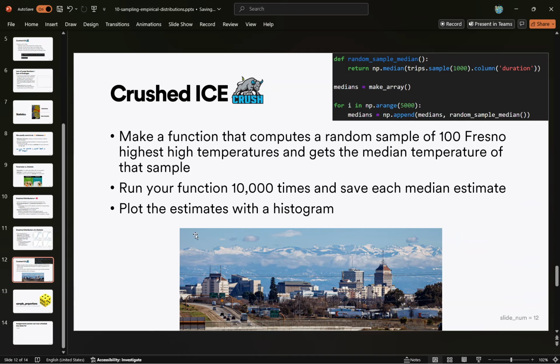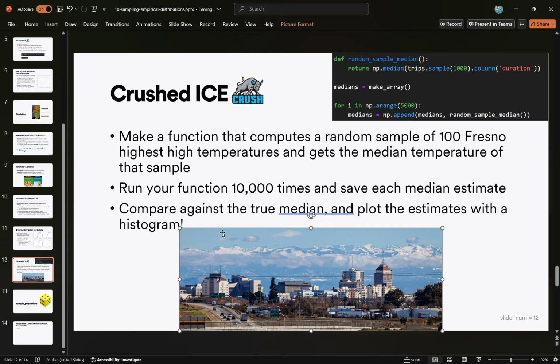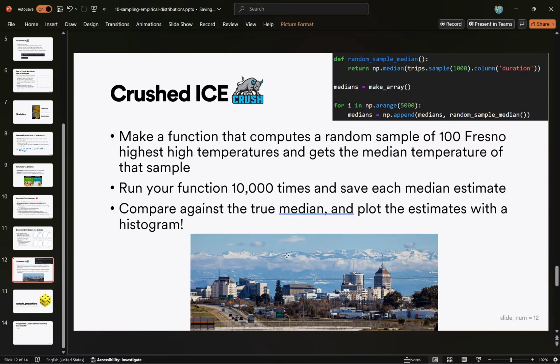You can also calculate the actual parameter value, right? Because you can take the entire column and get the true median, and then you can see how yours compares. Maybe you can do that. Compare against the true median and plot the estimates with a histogram. That is my goal for you, and I think that will be fun.